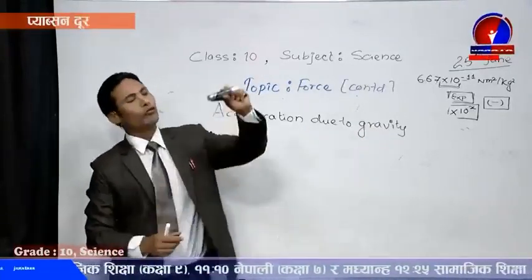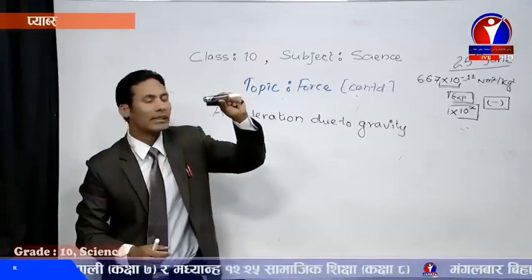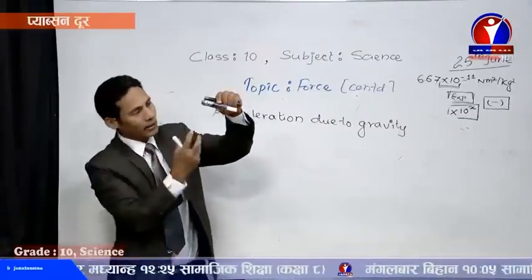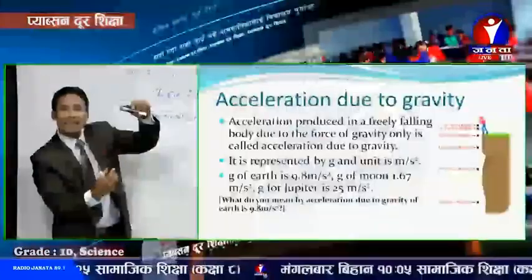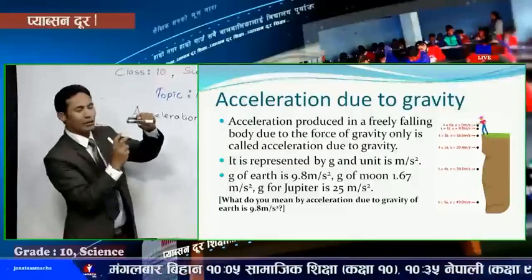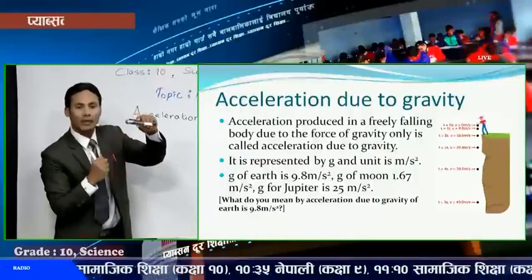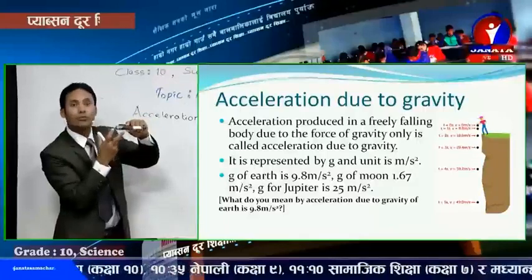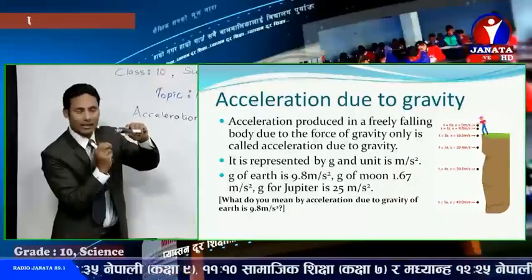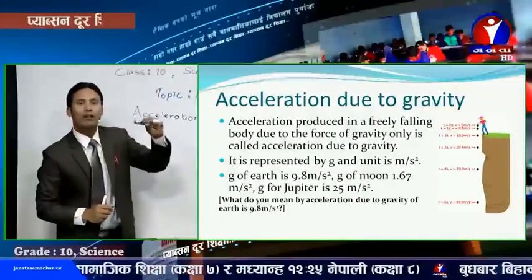When we let any object fall from a certain height, the velocity increases regularly. That means the acceleration of the object increases over the time intervals, and uniform acceleration is produced due to the increment in the velocity.